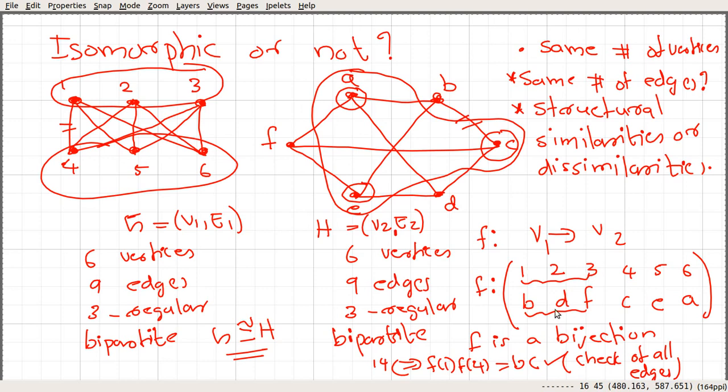So 1, 2, 3 must be mapped to, if one is mapped to B, then the other two must map to either D or F. Similarly, if you want, you can also find a different mapping, something like this: 1, 2, 3, and you can map 1 with C, 2 with E, and 3 with A, 4 with B, 5 with D, and 6 with F. So the thing is that all the vertices of one part must be mapped to the vertices of a different part in the other side.